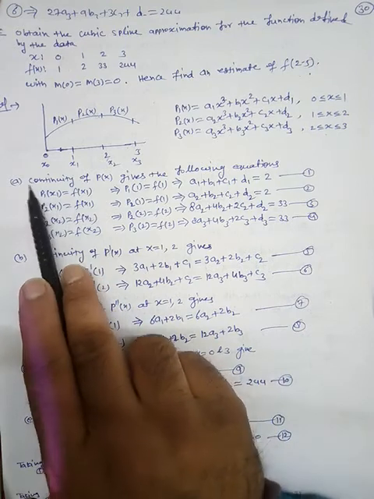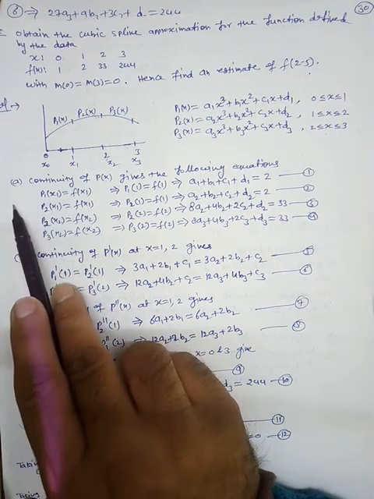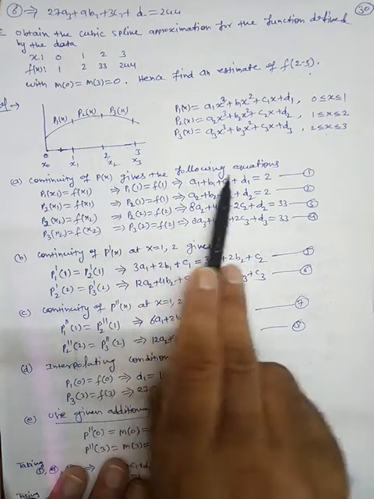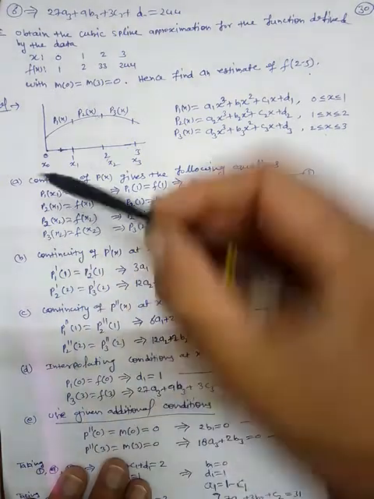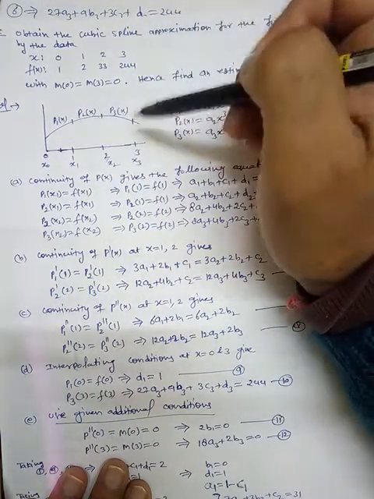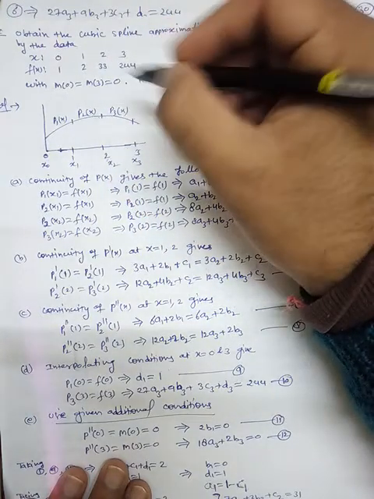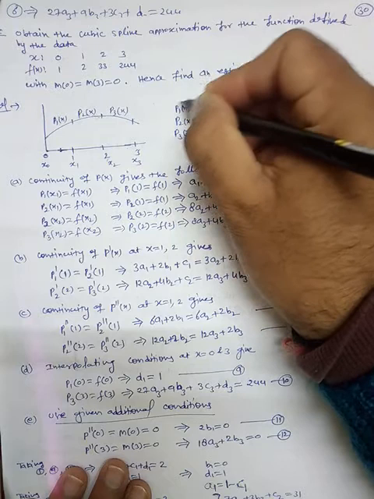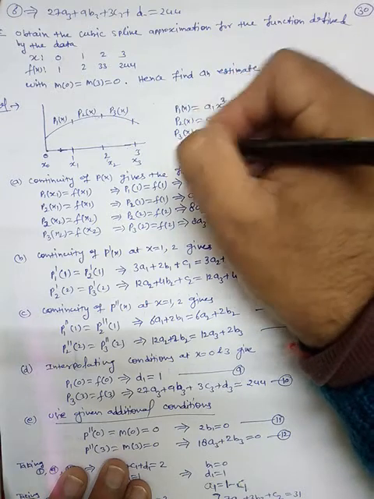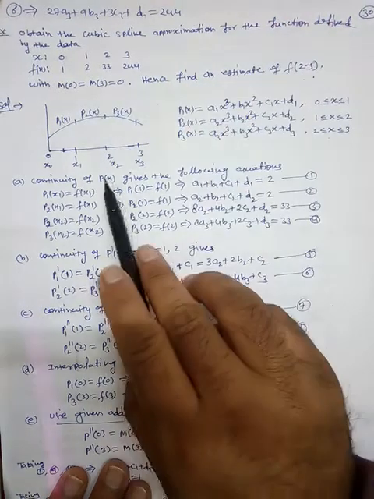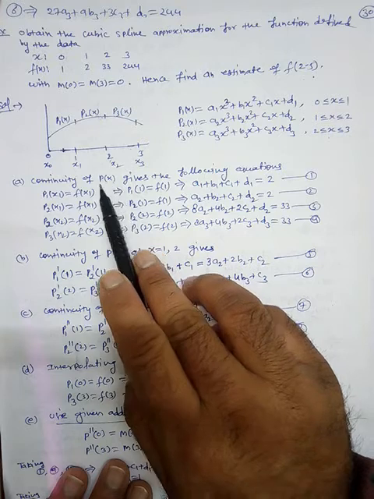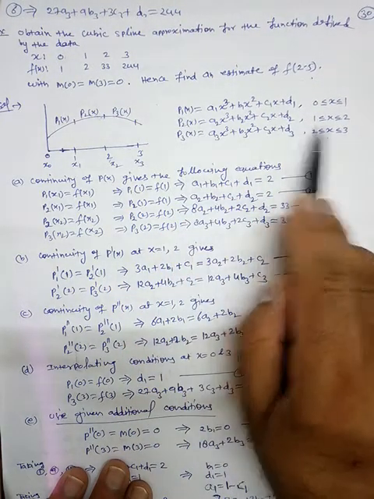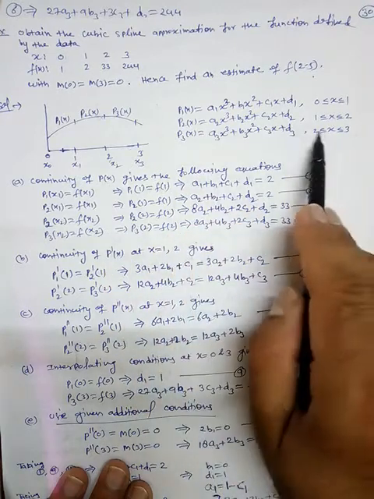Okay. So now the continuity of P(x) gives the following equations. If we want to denote P1, P2, P3 together as a single polynomial, we can denote it by P(x). P(x) is P1(x) in this interval, P2(x) in this interval and P3(x) in this interval.